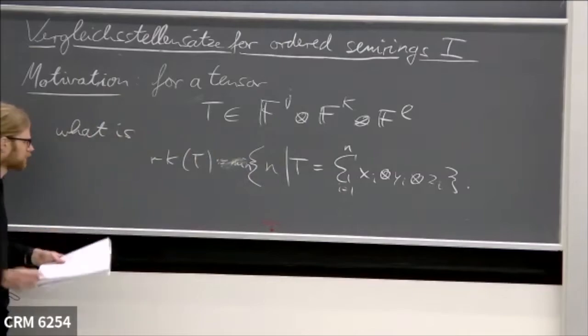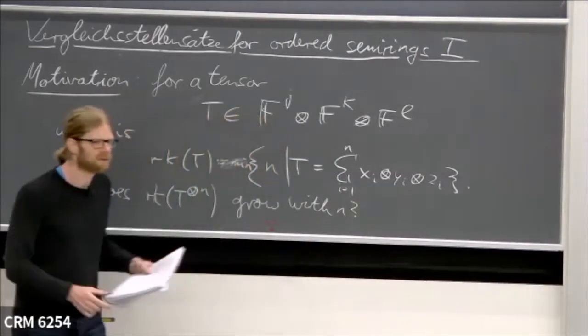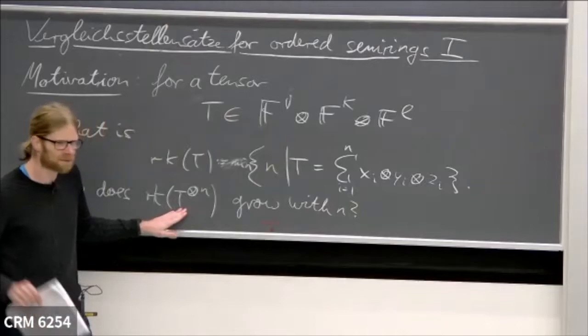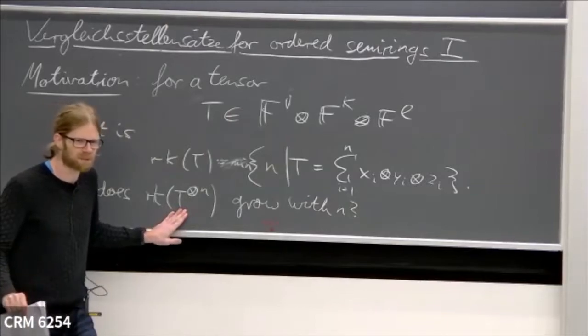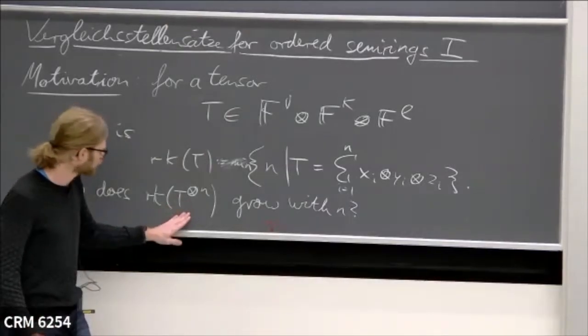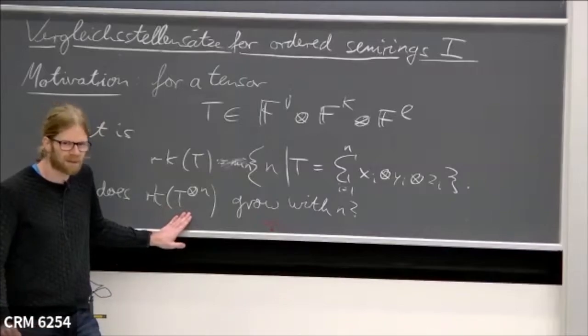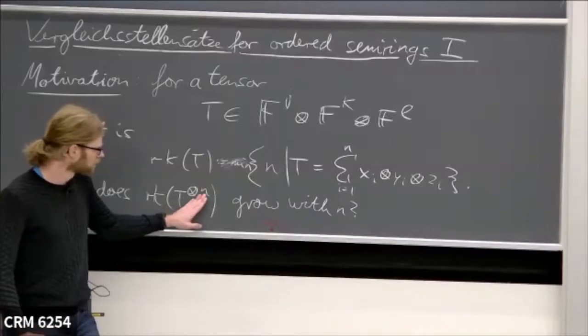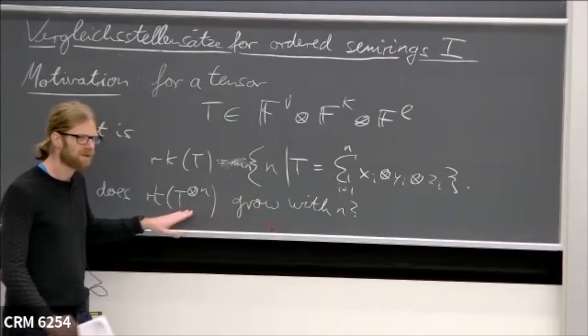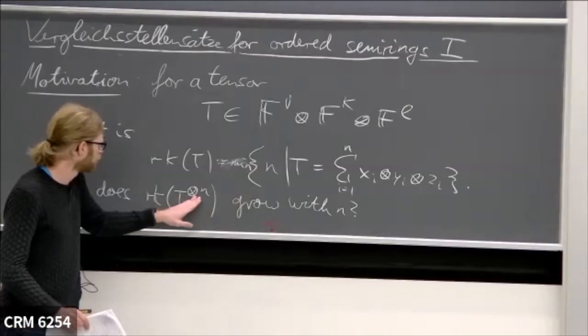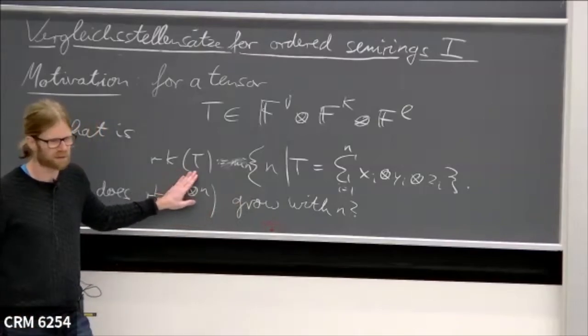How does that rank grow? It's a known phenomenon, and most of you will know this much better than I do, that the rank is in general not multiplicative. So this may not just be the nth power of the rank of t.